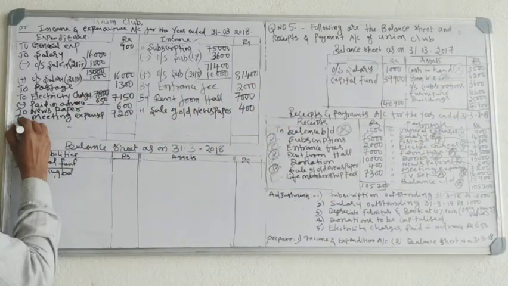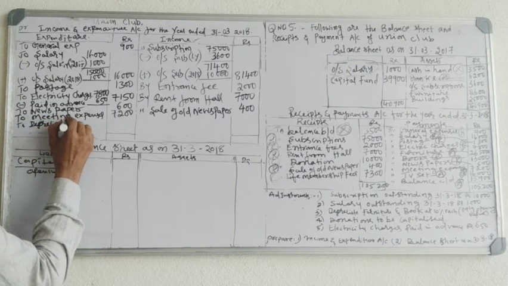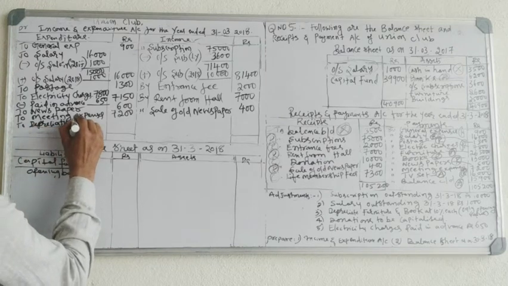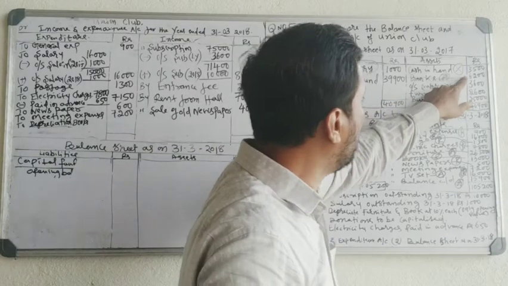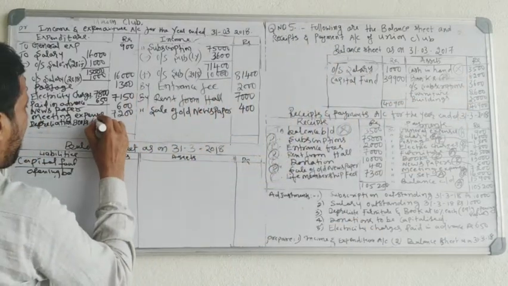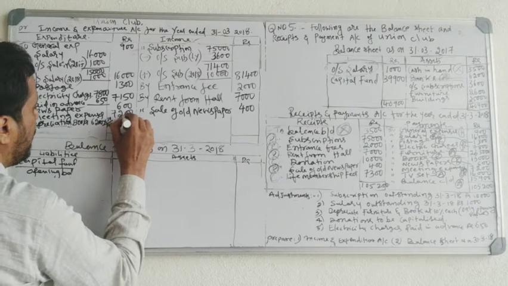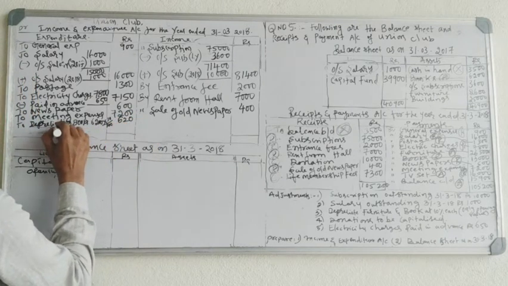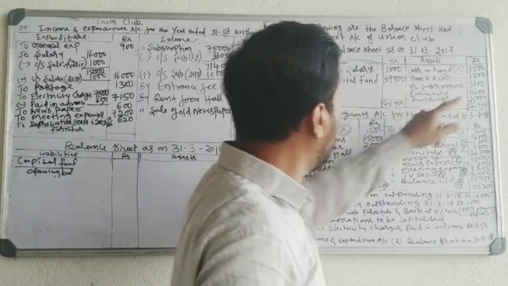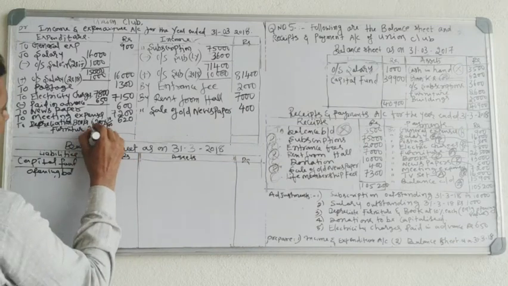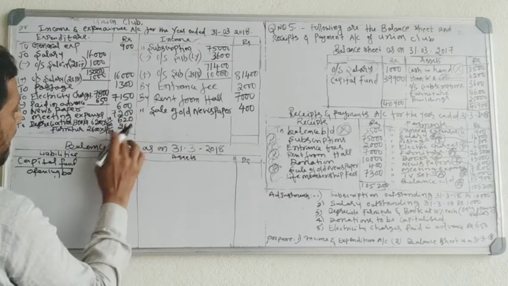Depreciation. Books is 6,200 into 10%, 620. Furniture is 2,600 into 10%, 260.